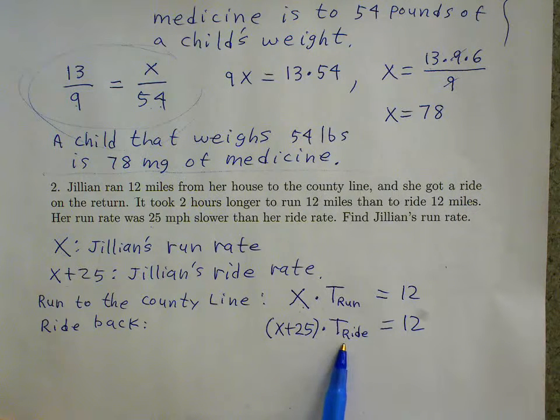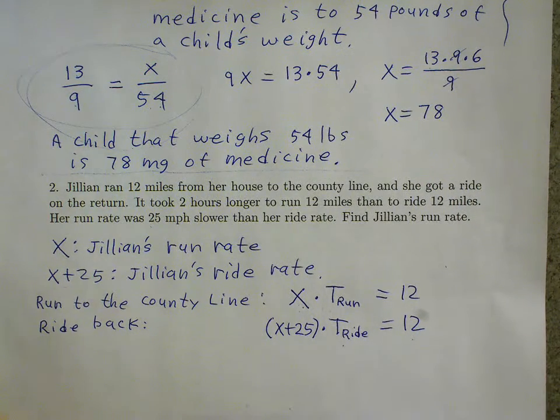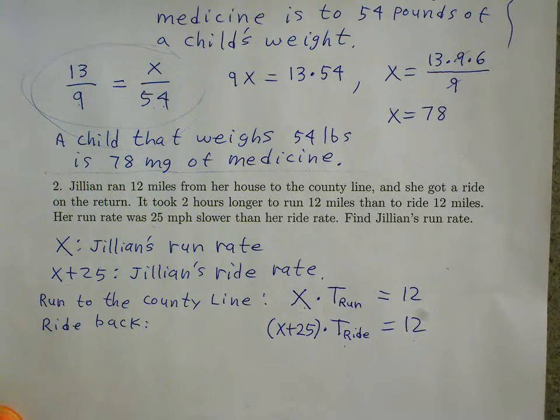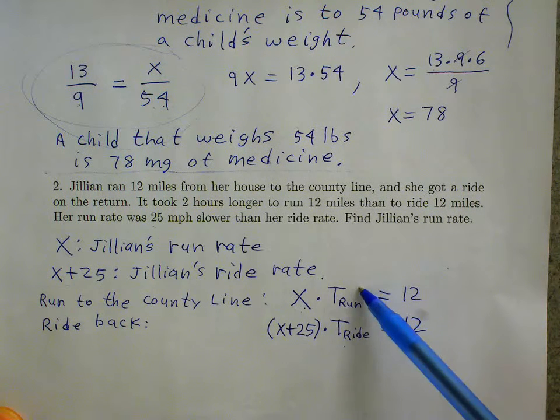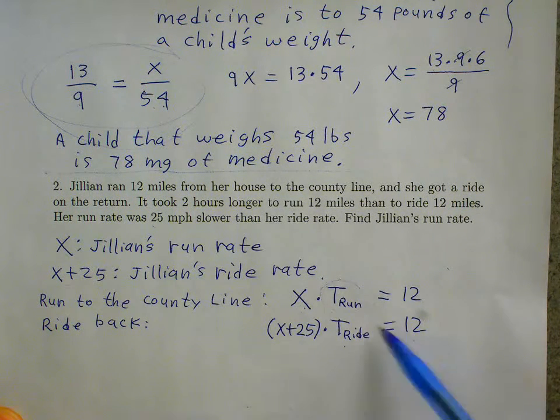T sub ride represents the amount of time it took her to ride 12 miles. What are we told about those two quantities? We're told that it took 2 hours longer to run 12 miles than to ride 12 miles.